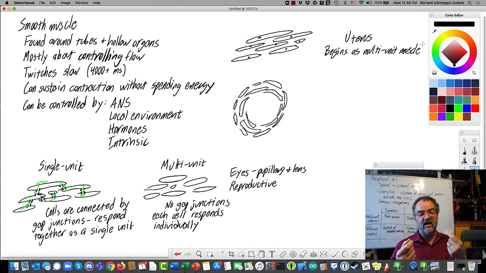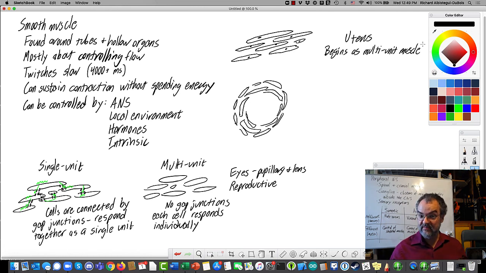And over time, which areas are involved can get bigger and bigger until eventually the whole uterus is doing it, and that can actually lead straight into labor. That makes a lot of sense if you imagine those smooth muscle cells putting out gap junctions. So more and more of them get connected, so larger areas are all responding together until the entire uterus is one massive single unit muscle.